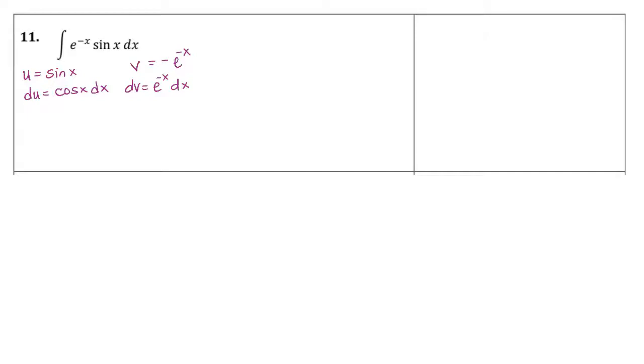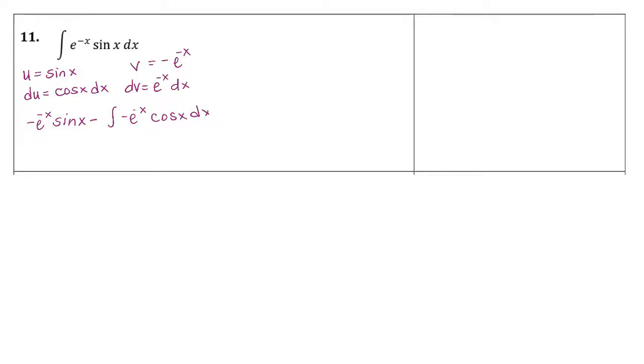Let's see, uv, so we have negative e to the negative x sine x minus the integral of v du. And right away I see that I've generated again what I started with, so it looks like we're going to have to do our integration by parts again.